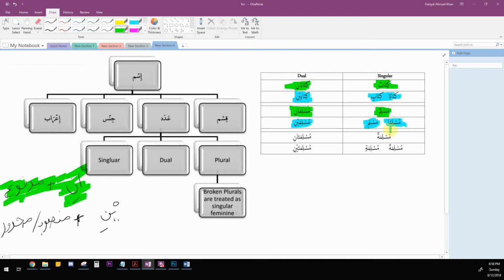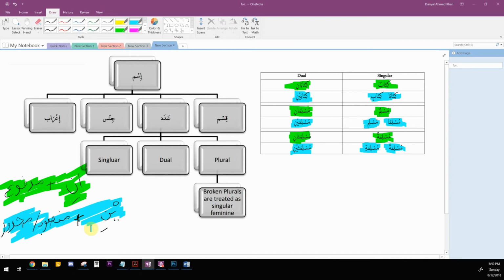Here we have a feminine version of the noun, muslimatun, which is indicated by the ta marbuta. You also still add the alif nun sound, muslimatani. Once again, straightforward. And similarly for the mansub and majroor states, muslimatan, muslimatin, you add the ayni sound, muslimatayni. Okay, that is fairly straightforward. It doesn't get any more complicated than that.